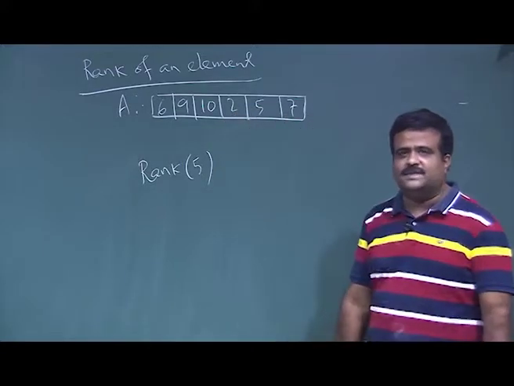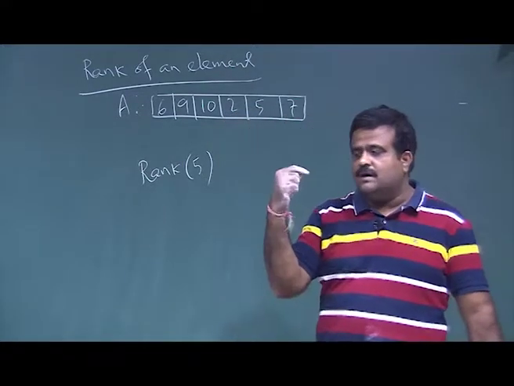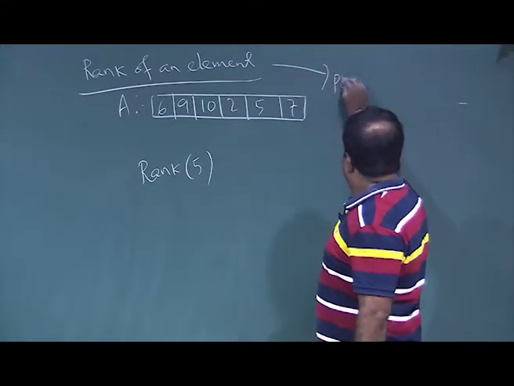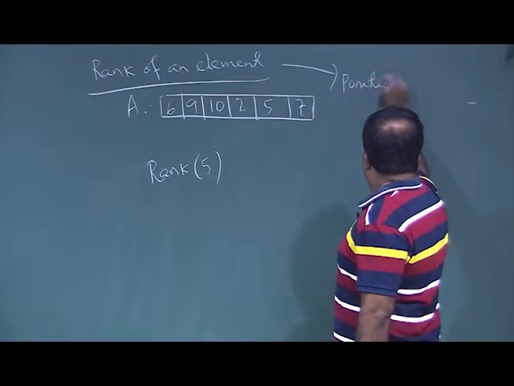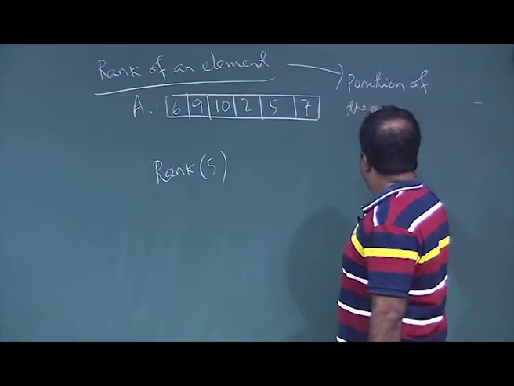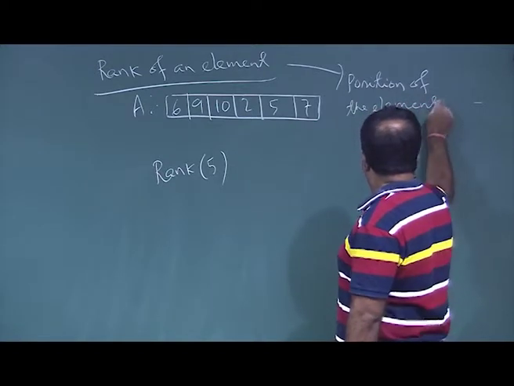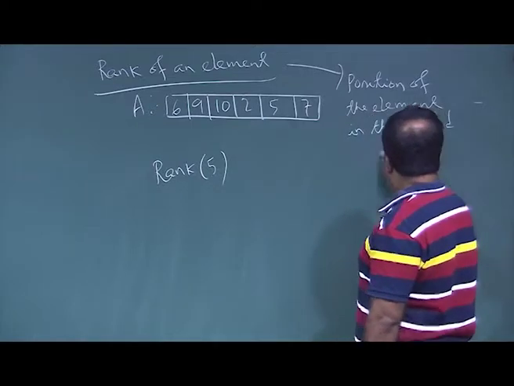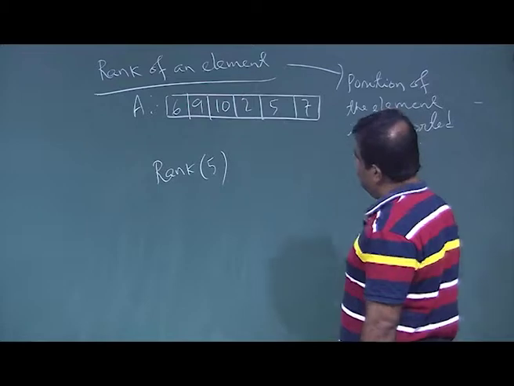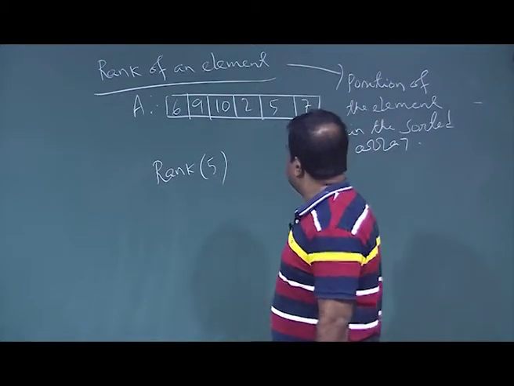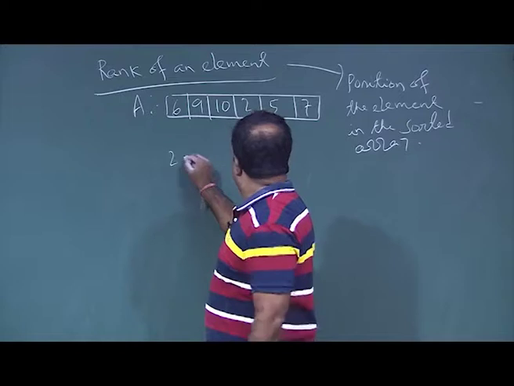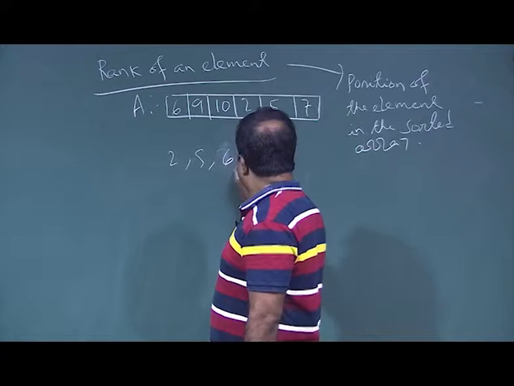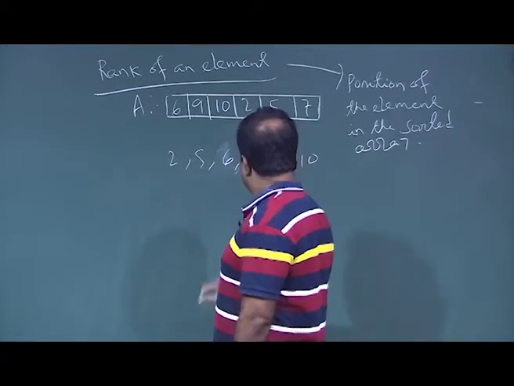The rank of an element is basically the position of that element in the sorted array. So, if we sort this, then it is 2, 5, 6, 7, 9, 10.